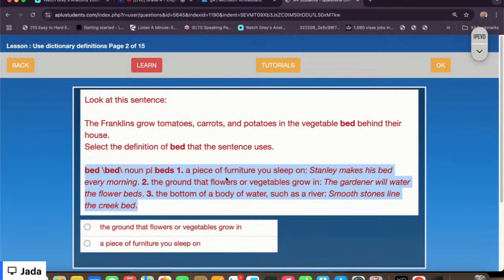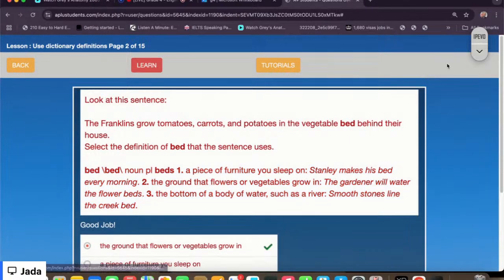So it will be the ground that flowers or vegetables grow in. The first one.